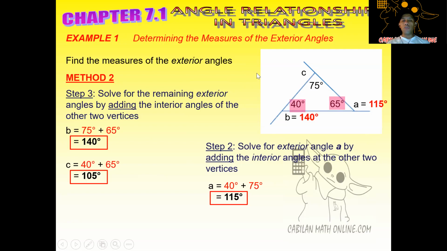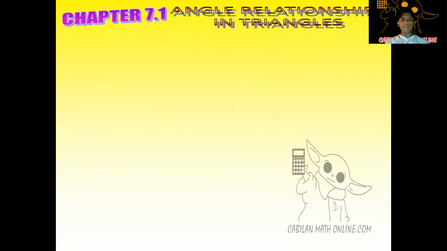So you do need to know that relationship. With this particular method, just know that the two angles inside the triangle on the opposite side of the outside angle, when you add them up, will equal that outside angle.